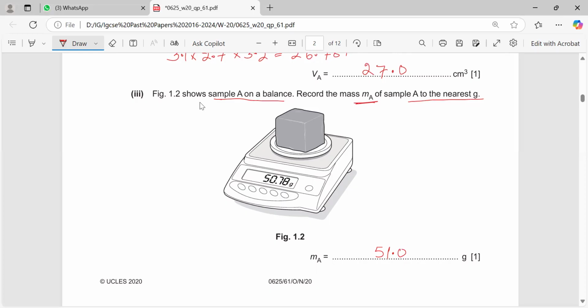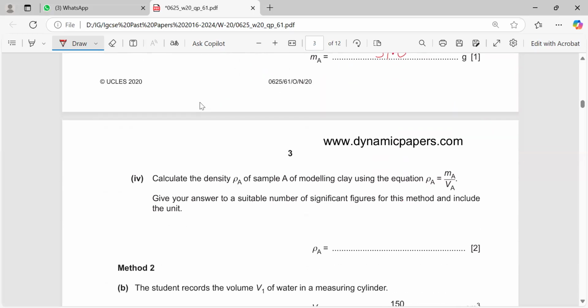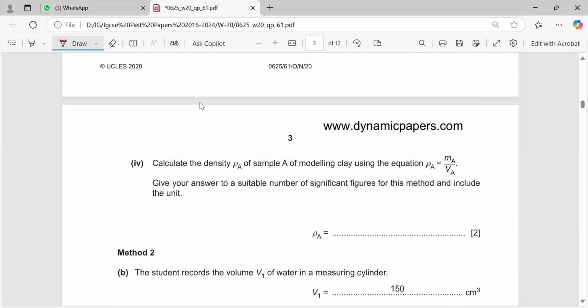If it was to the nearest 0.1 gram, then my friend, the answer was going to be 50.8 grams. But right now he's asking about the nearest gram, so the answer is 51 grams. And the good thing always about this paper is that the formula, the equation is given, the rule is given.